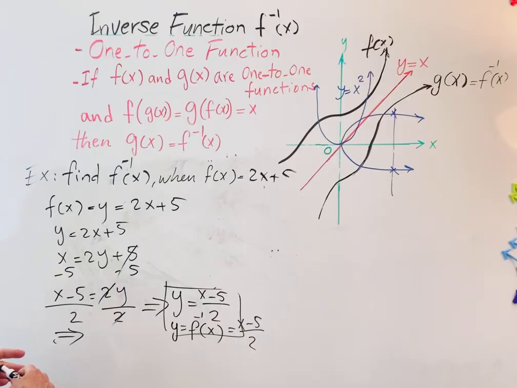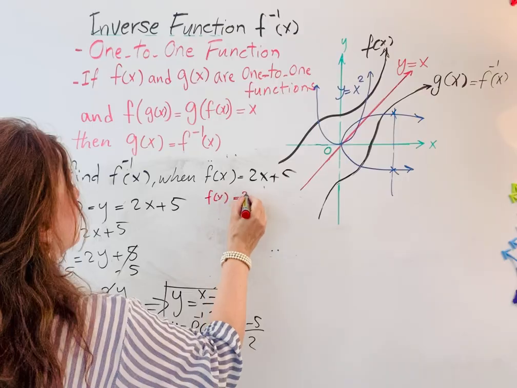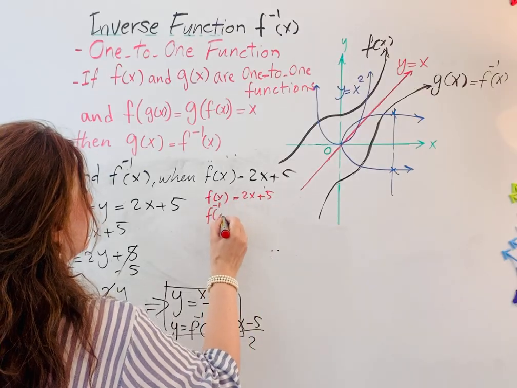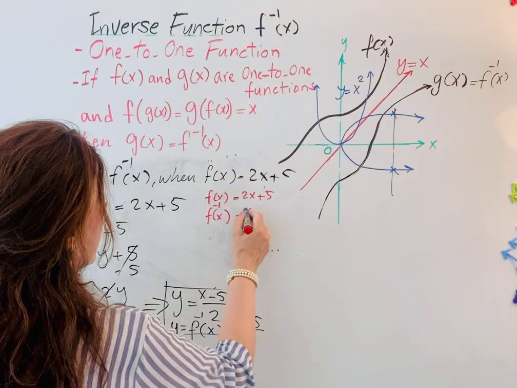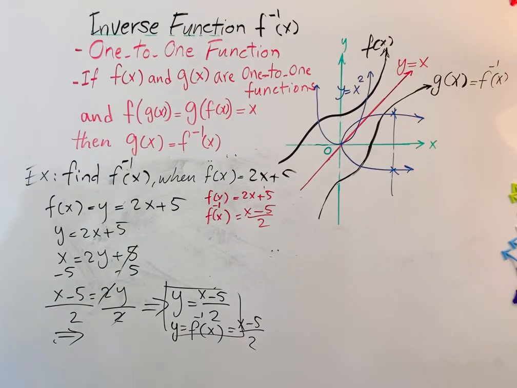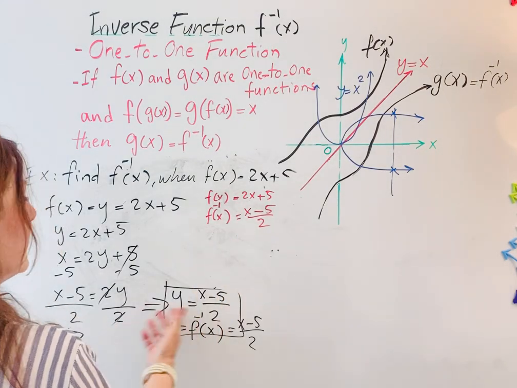Okay, we have two functions. f of x equals 2x plus 5. The inverse function of x is x minus 5 over 2. Right? I want to check if this answer is right.